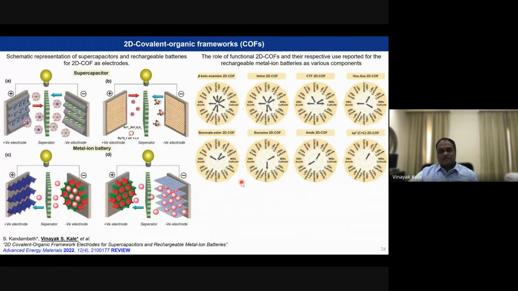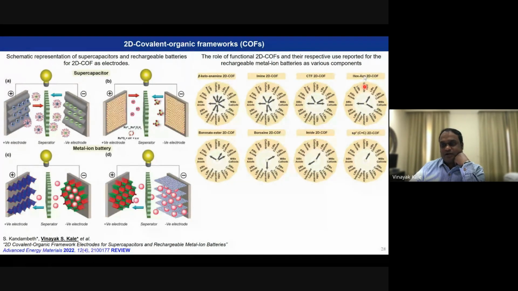I made the best use of the Corona time, and we wrote this extensive review on the COF materials used for the electrodes for supercapacitors and batteries. As we can see, there are different kinds of batteries and different components, and COFs have been used for various applications.